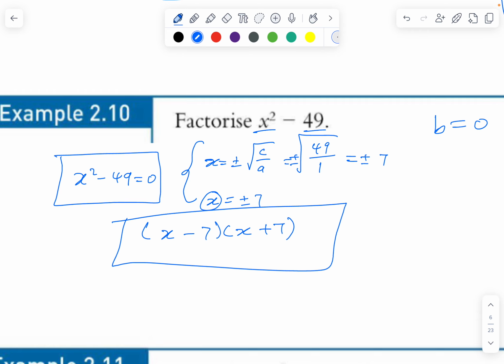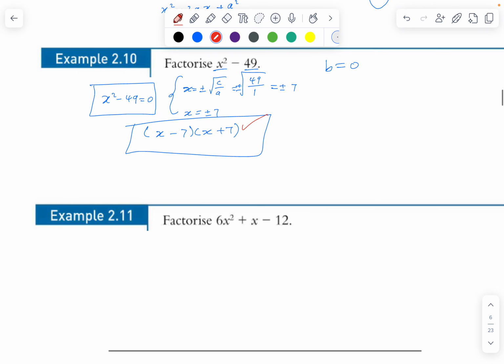If it just says factorize, I just want you to write it in this form, which indeed can give you x equals 7 and x equals negative 7 if this was equal to 0. But in this case, that's not true, so we just need that part. They'll give you a mark for this part if you do it like that.